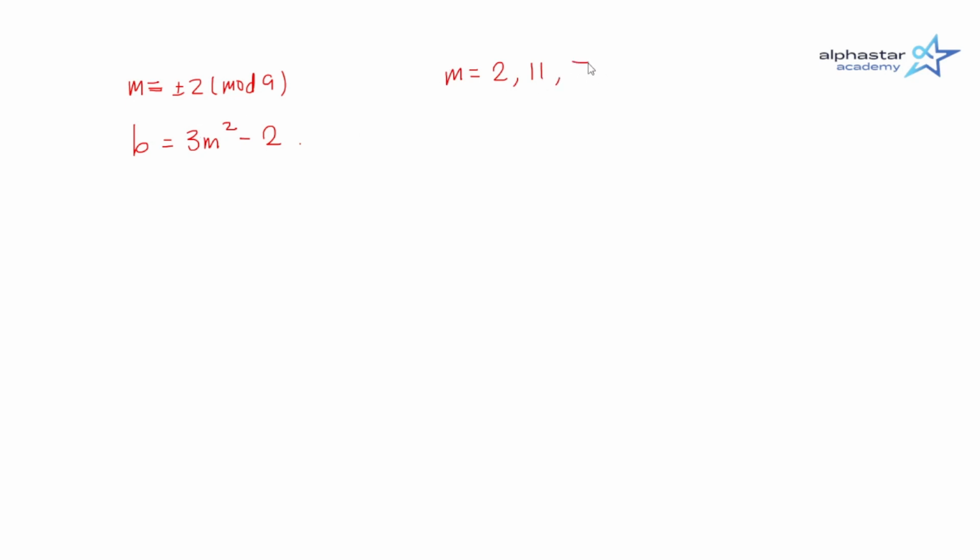So at this point, we only have 3 different values for b. 10, which is the number that we got before, and we know that's correct. For m equals 7, we end up with 3 times 7 squared minus 2, which is 145. Or we can have m equals 11, which gives us 363 minus 2, or 361.